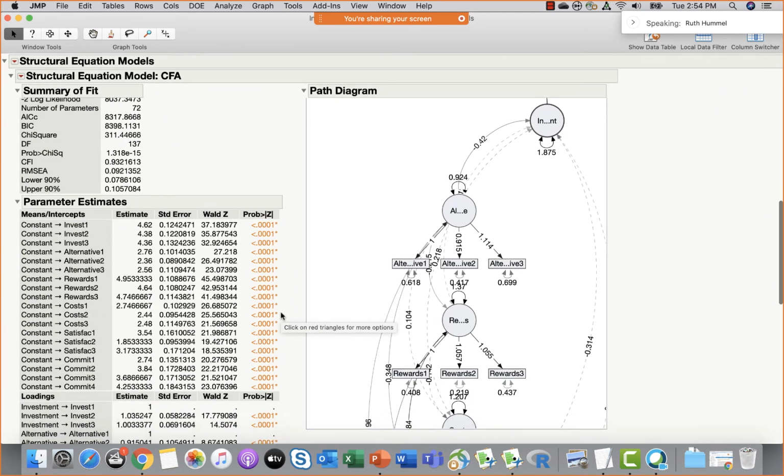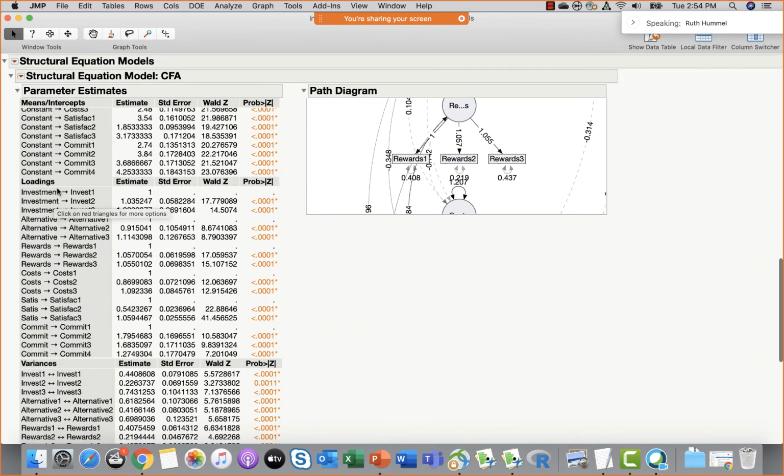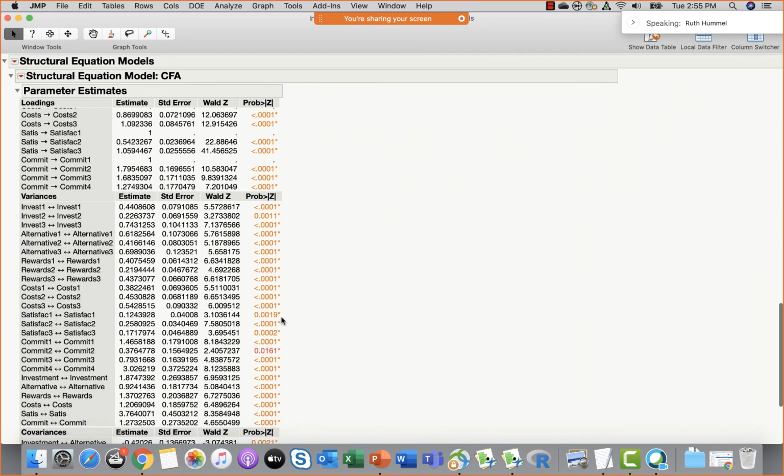So what we're looking for here are those loadings. So investment 1 question, investment 2, investment 3. Here's where we get some estimates on the loadings and p-values associated with those. So we can see that these seem to, in fact, be loading correctly with that latent variable. So everything is statistically significant here.